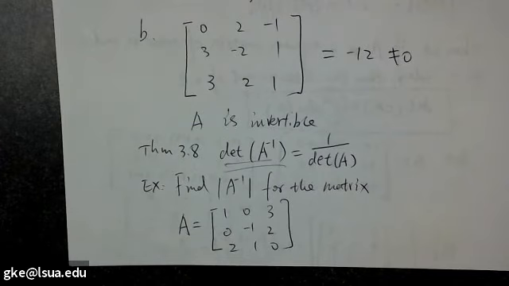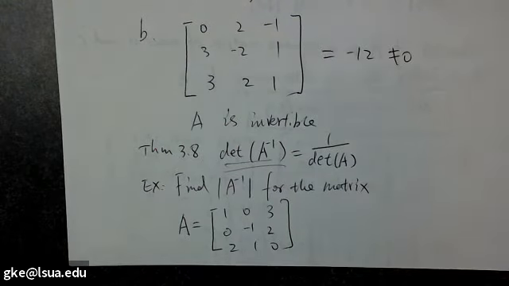Okay. You get it? What's the determinant of this? 1? Let me check. It should be 1. You shouldn't make a mistake. 0?